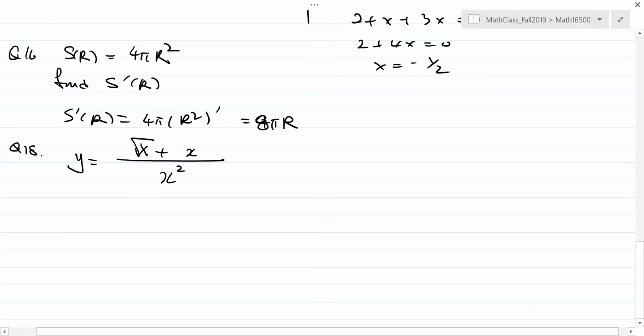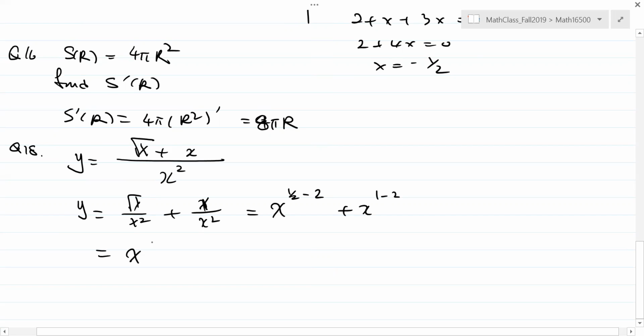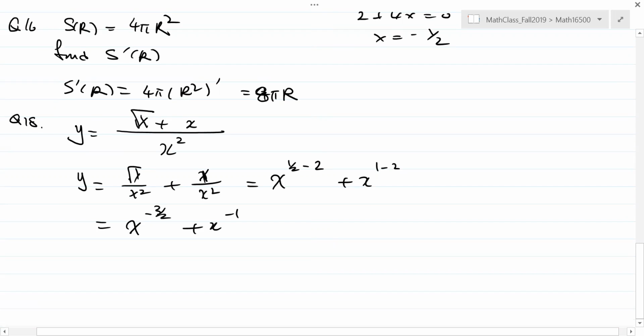And so in this case, I would prefer to express it in the following form. I separate it, okay? So here will be x to the 1/2 minus 2, and here is 1 minus 2, right? So let's simplify it. Okay, so it's a sum of two power functions.